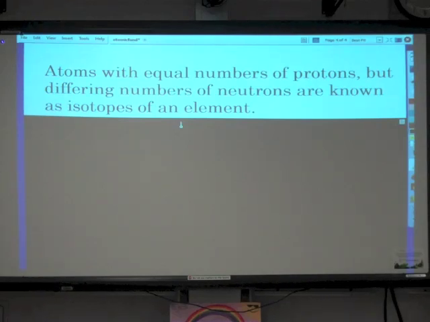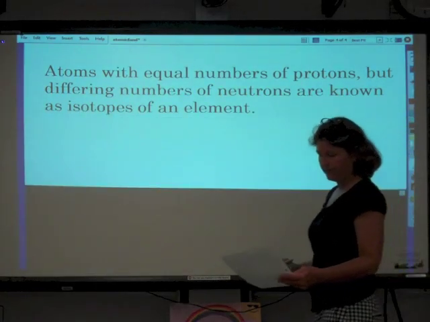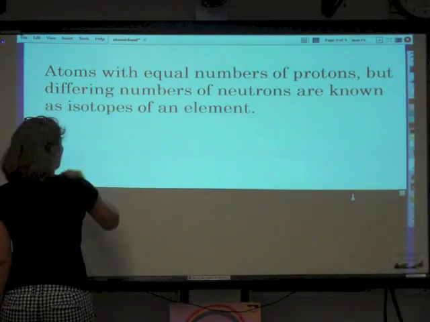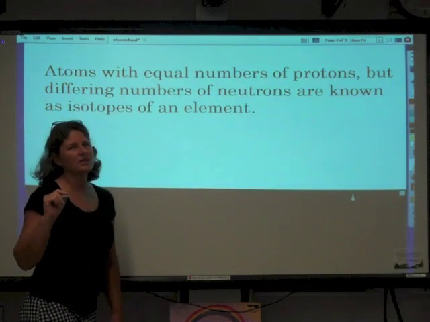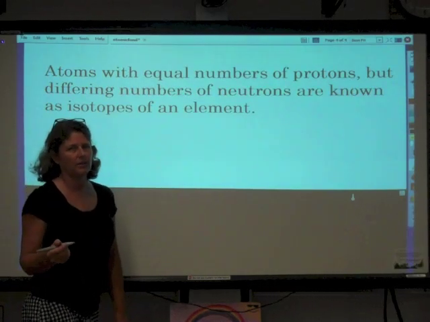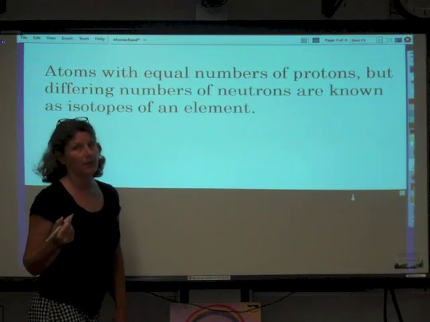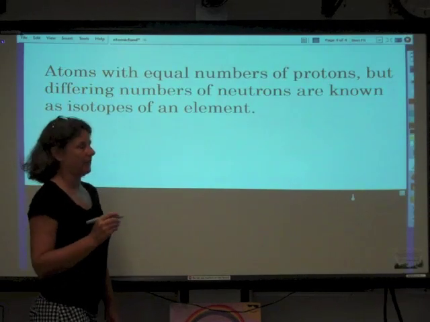So what is an example of isotopes? Okay, I like to use the example of carbon. All right. So carbon has 3 isotopes. That means that the element carbon, its atoms come in 3 different varieties.